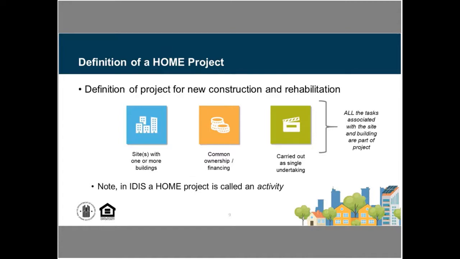So within IDIS, they're going to be set up and identified as an activity. And that's how our 4-year project completion deadline would apply, that everything that was a part of that project would need to be completed within that time frame.